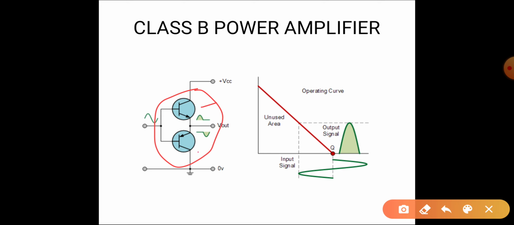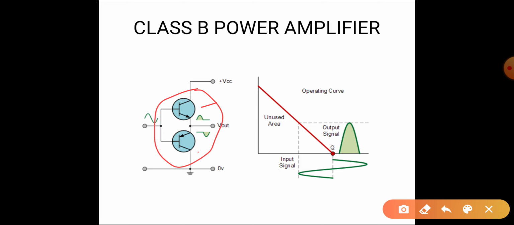As you all know, in a class B power amplifier, the collector current only flows for the 1/2 cycle. So, we do not want a distorted signal. We do not want only positive half cycles or only negative half cycles in the output signal. That is why we require a push-pull arrangement.